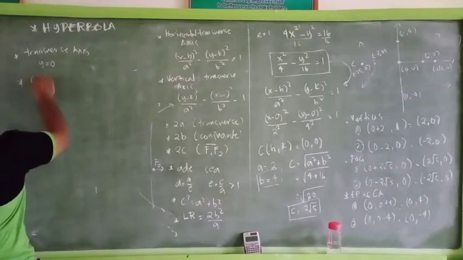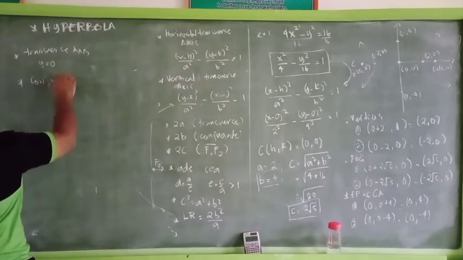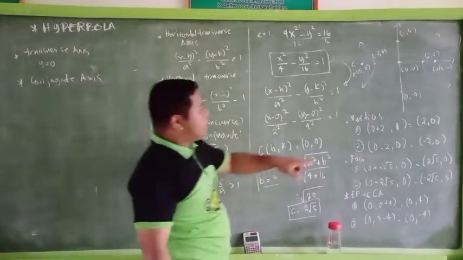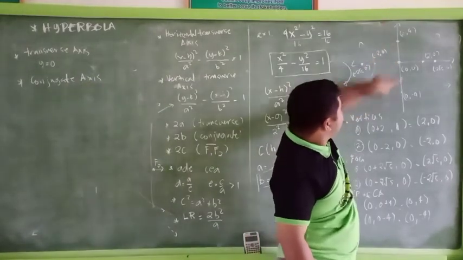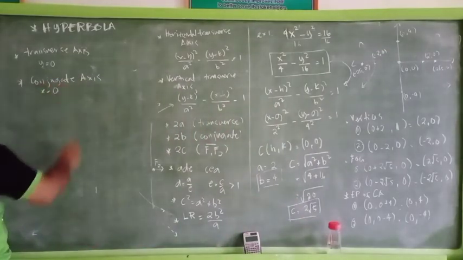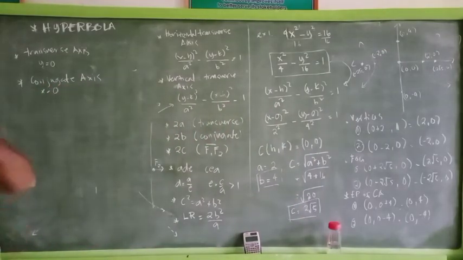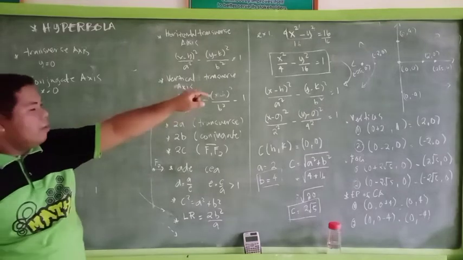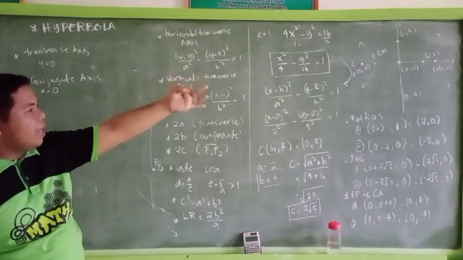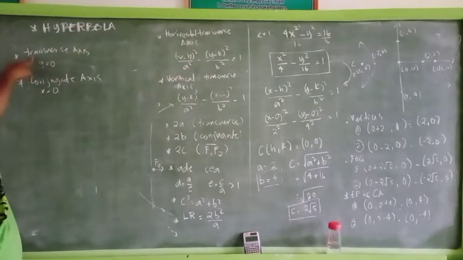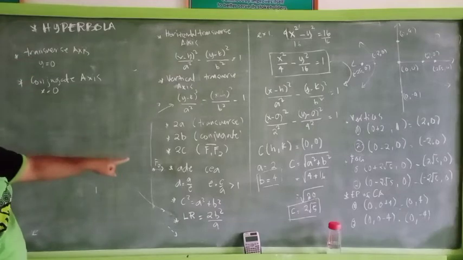At the same time, yung equation naman ng conjugate axis natin, so which is this line, itong line na to, so that is x is equals to 0. Now, ano pa yung kulang natin? So, meron tayong center, vertices, foci, and points ng conjugate. Meron tayong equation ng transverse axis tapos conjugate axis. So, ano pa yung kulang?